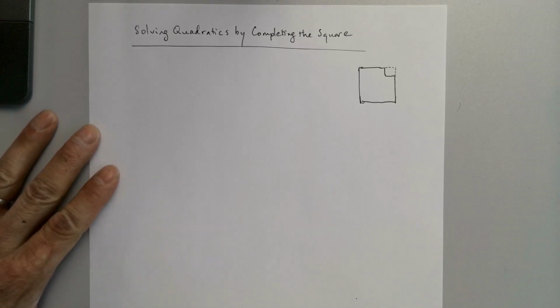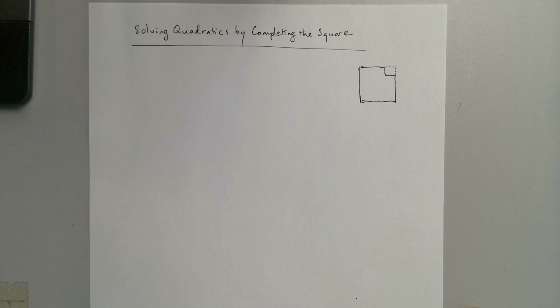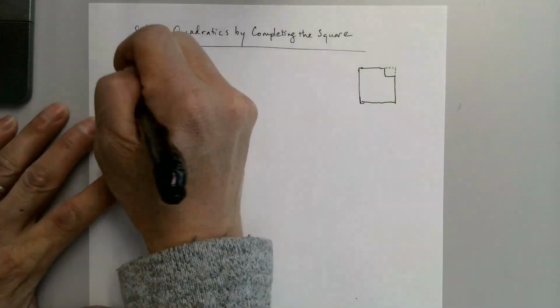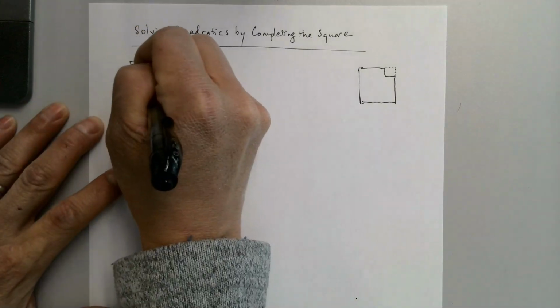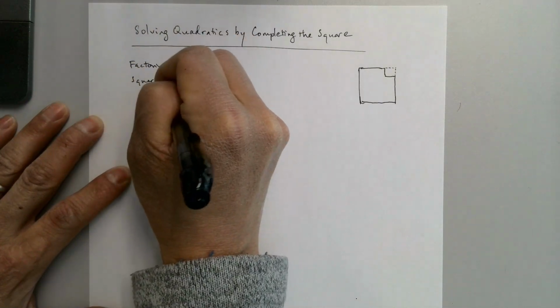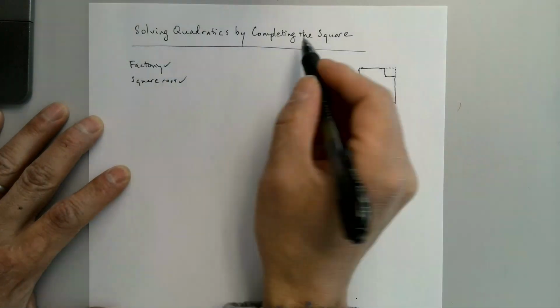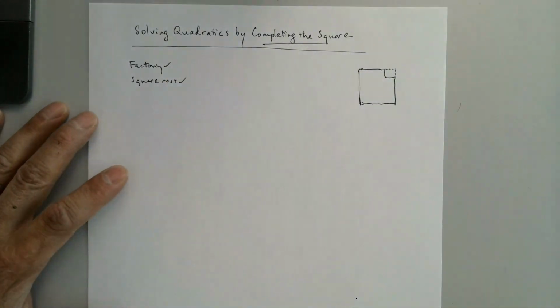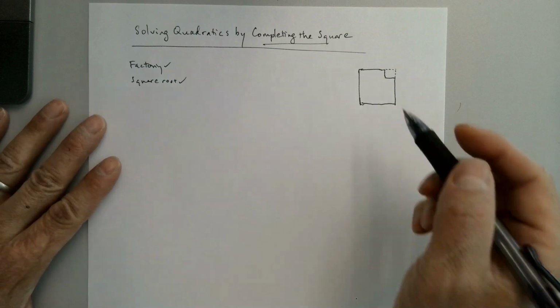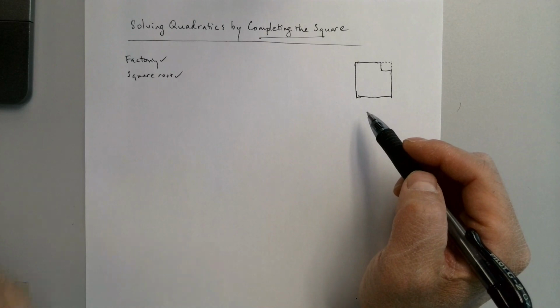We are now moving on to our third method of solving quadratics. The first two were factoring and square root. So now we're up to completing the square. And I have a little visual here to help you understand what we're doing.